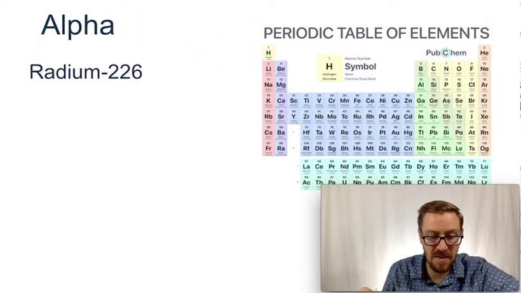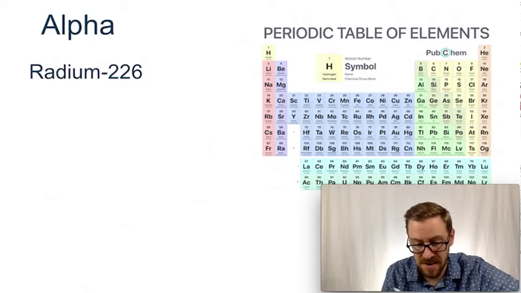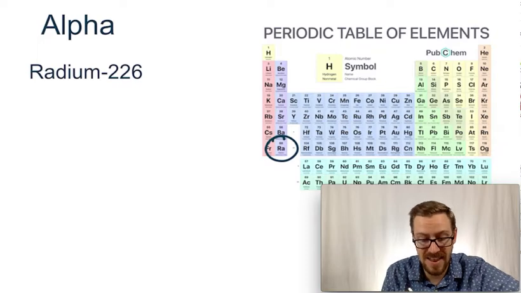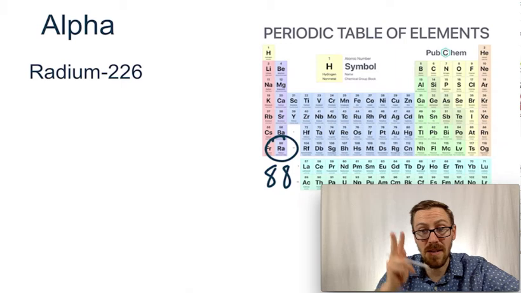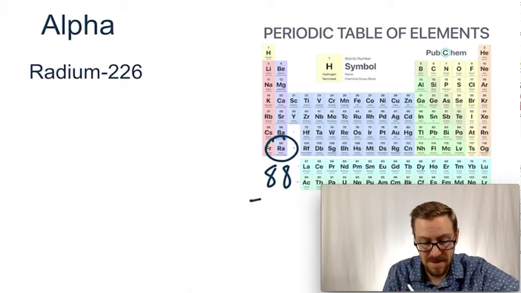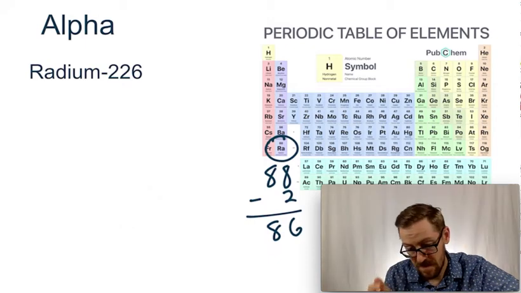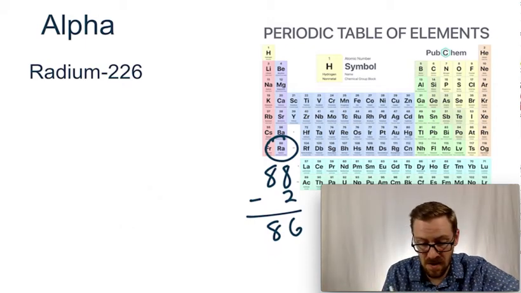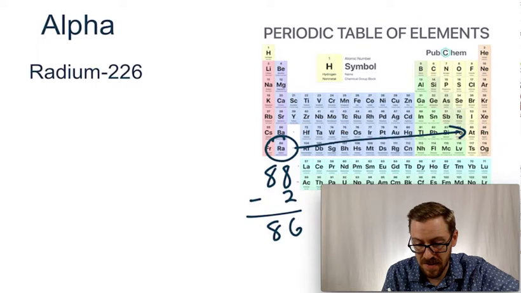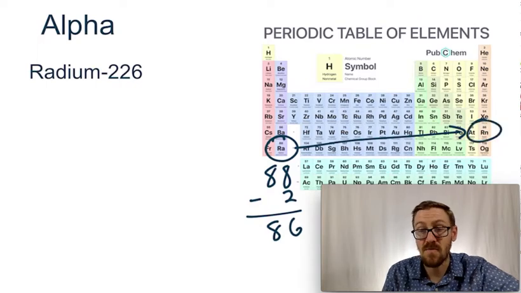So if I give you an example here, radium-226, you gotta find radium. Radium is right there, but if you can't read that on your screen, it says 88 for the atomic number. If we lose 2 protons, now we're down to 86. And so 86 is all the way over here on the periodic table, and that's radon.